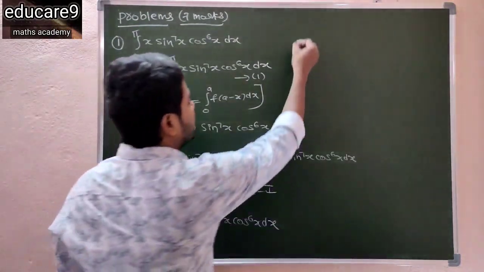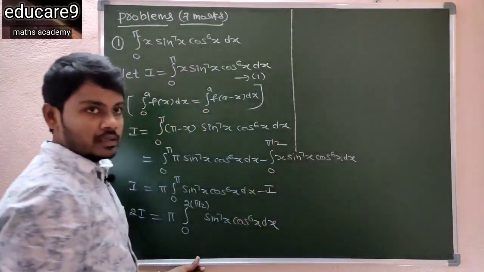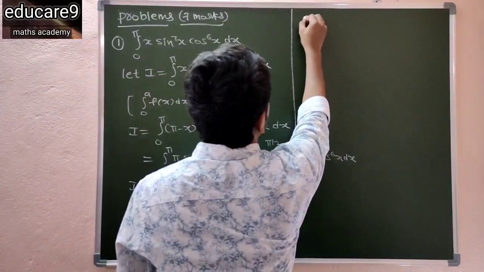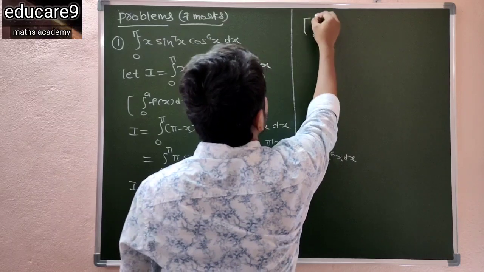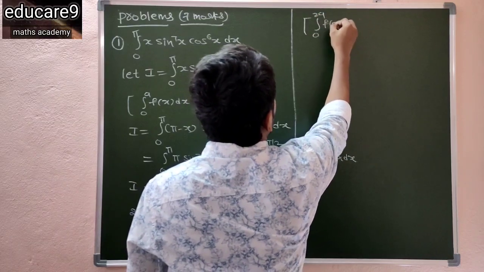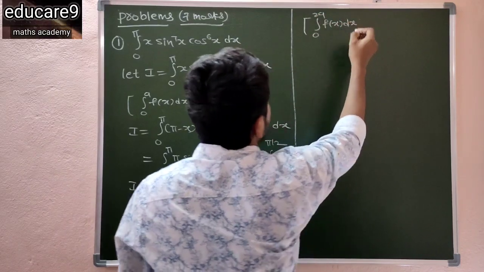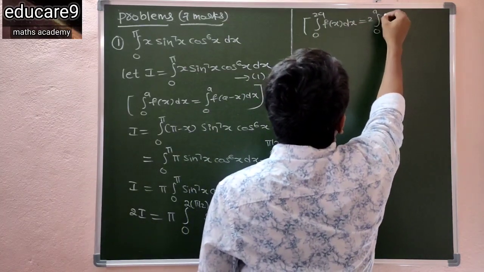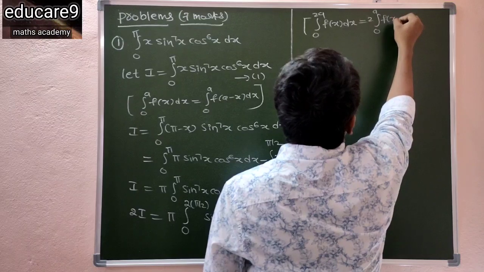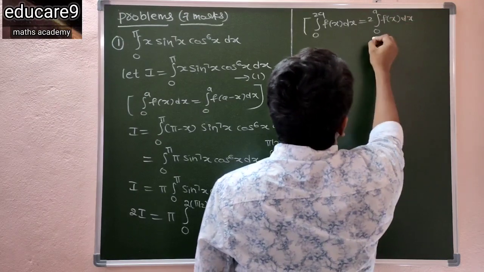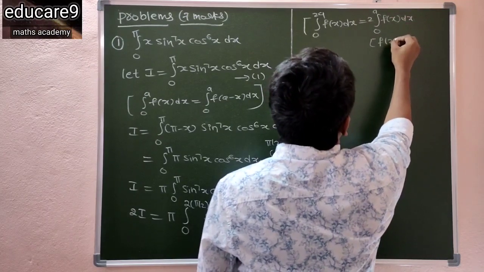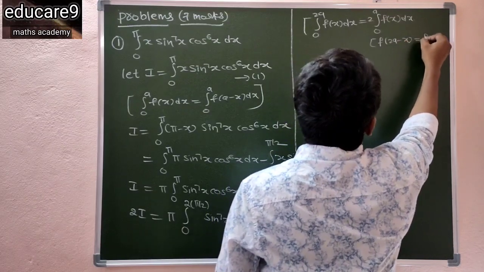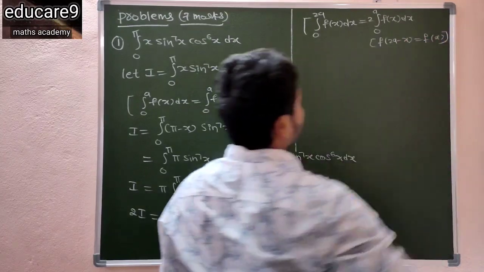Here apply the property: the integral from 0 to 2a of f(x) dx is 2 times the integral from 0 to a of f(x) dx if f(2a minus x) is equal to f(x).